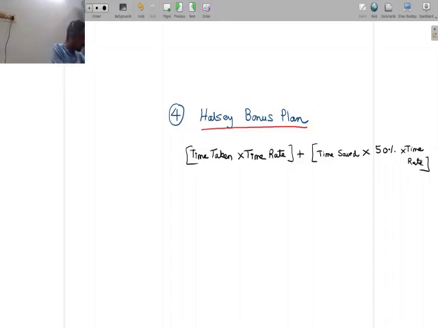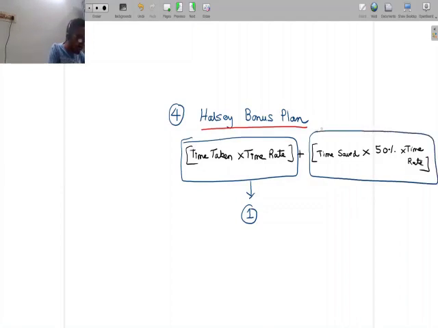So here also you can see two components. This entire thing is the first component, and this second thing after the plus symbol is the second component. The first component is what I call the minimum, and the second component is what I call the bonus element.